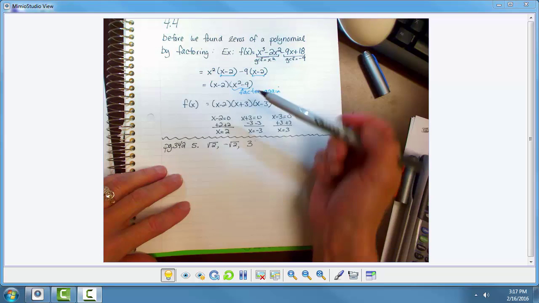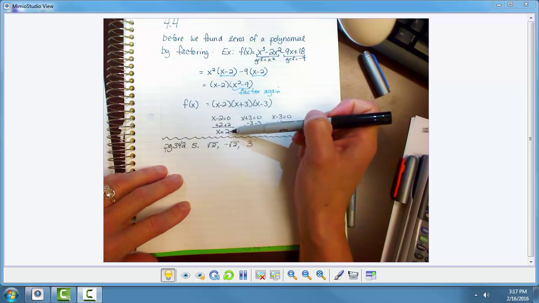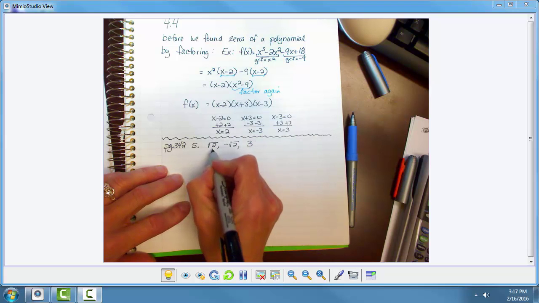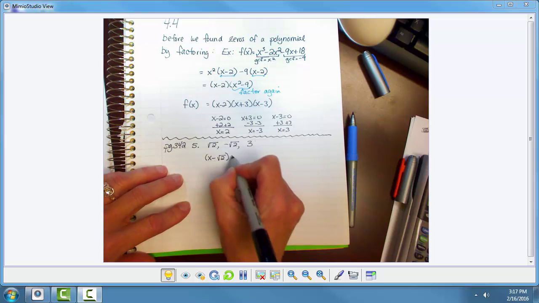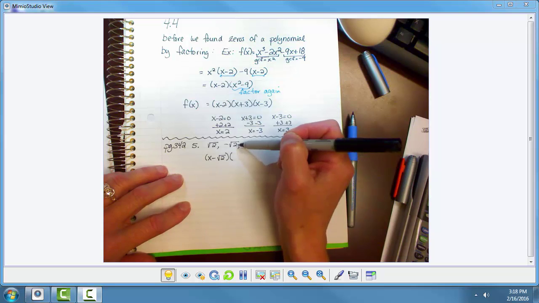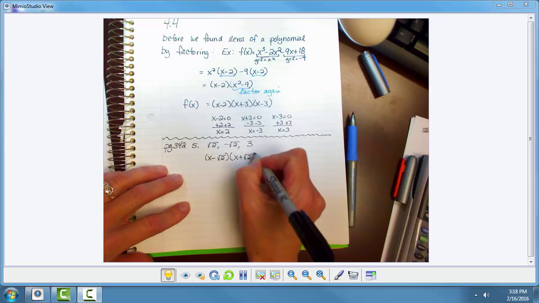Just like up here, the factor x minus 2 gave us a positive 2 as a zero. To get the zero of the square root of 2, the factor must have been x minus the square root of 2. To get the zero negative square root of 2, the factor must have been x plus the square root of 2.